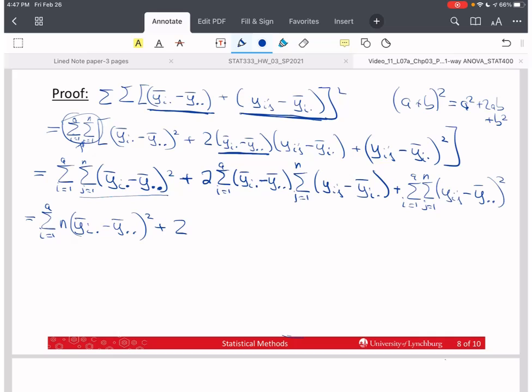plus, and I've got 2 sum over I from I equals 1 to a of yi dot bar minus y dot bar.